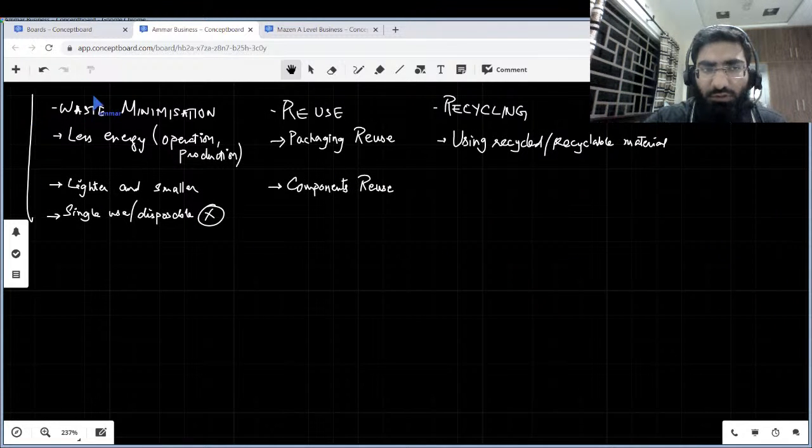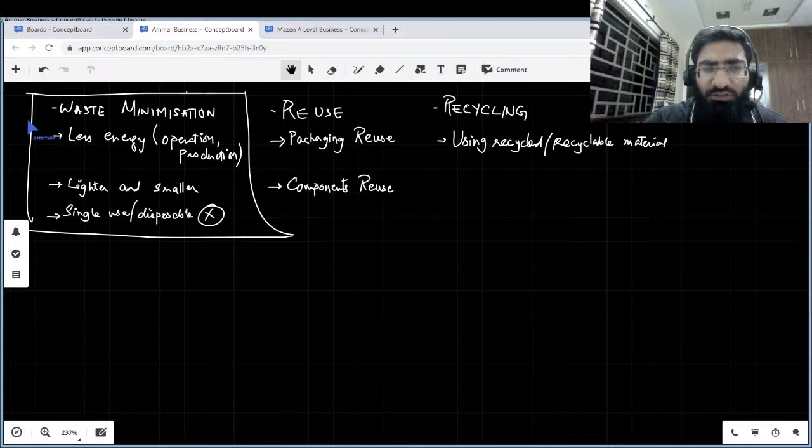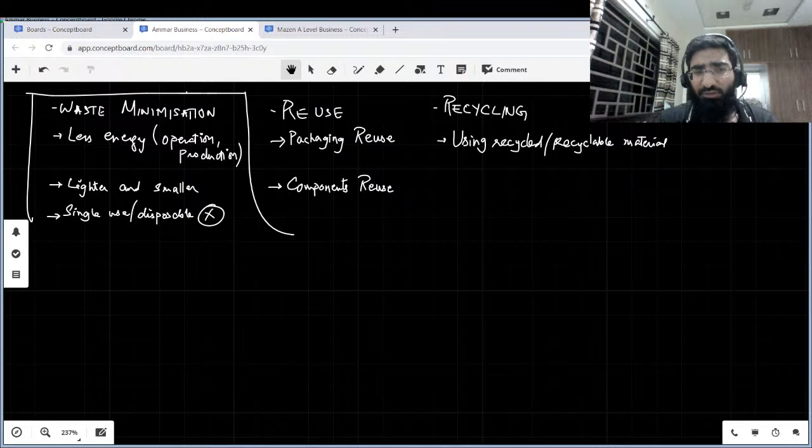Businesses generally do not sacrifice on profits. But even for profit, a product could be designed with this consideration in mind, that the thing we are doing should minimize waste. These are roughly speaking the same thing. Waste minimization, reuse, recycling, they all complement each other.